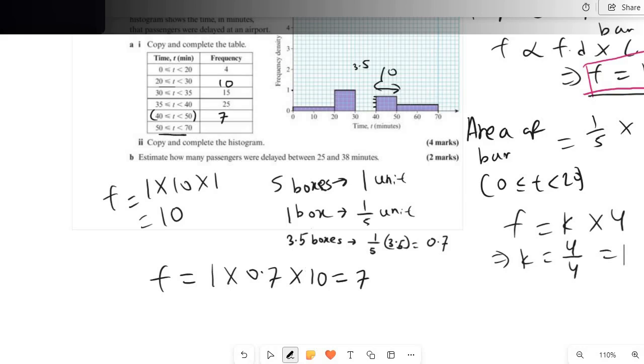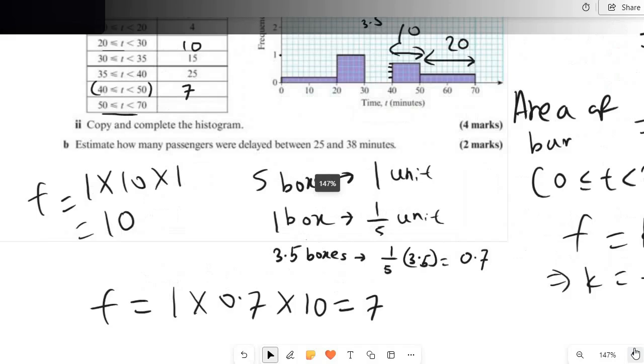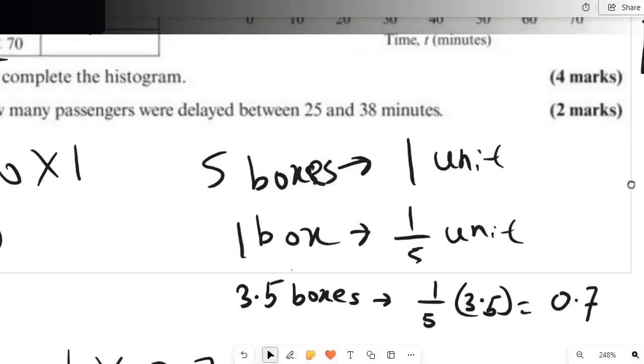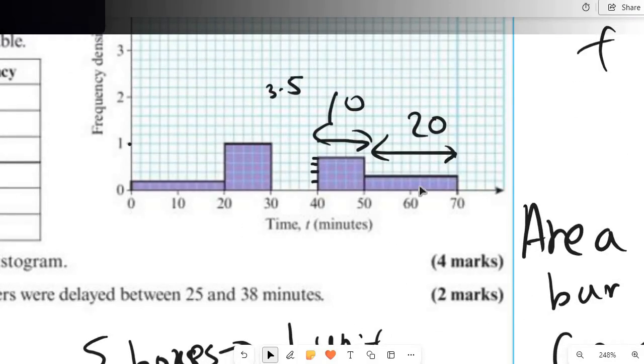Similarly, for 50 to 70 minutes, the class width is going to be 20 here, because 70 minus 50 is 20. And if you zoom in, you can see that it does not end in an integer number of boxes. Rather, this is the first box, and it ends at 1.5 boxes.